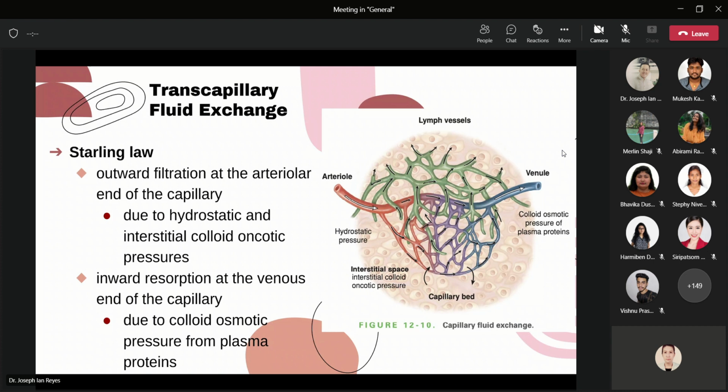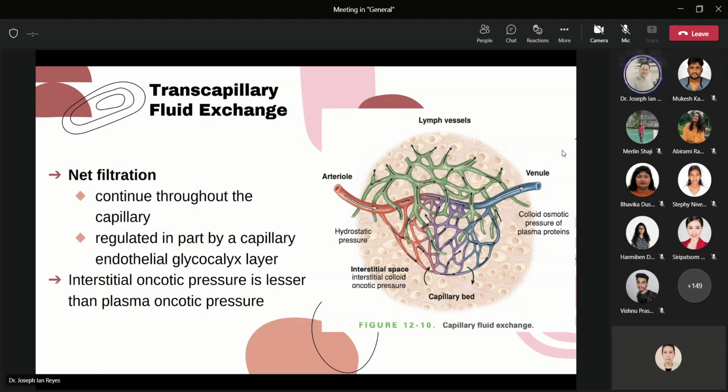So net filtration appears to continue throughout the capillary, regulated in part by the capillary endothelial glycocalyx layer that affects intravascular volume and net filtration. Interstitial oncotic pressure is lesser than your plasma oncotic pressure. That's why you can have this net filtration through the fluid exchange.